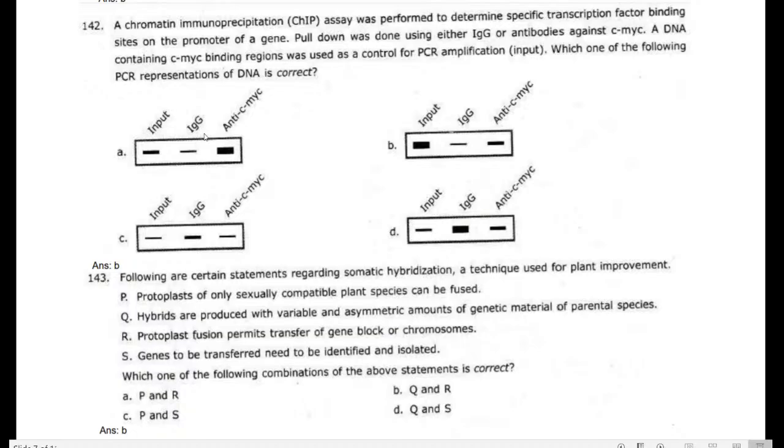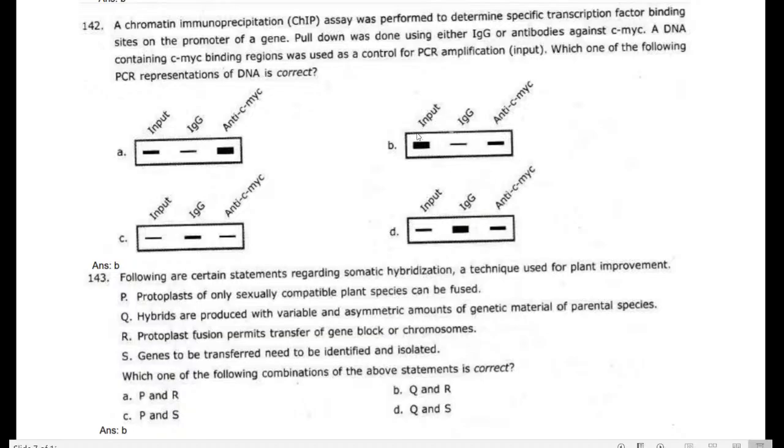In this output, you can see the input is the PCR sample. After the input addition, there is no binding in the IgG, or only a small amount, but the anti-c-Myc recognizes a larger quantity of the gene molecules, the DNA strands.